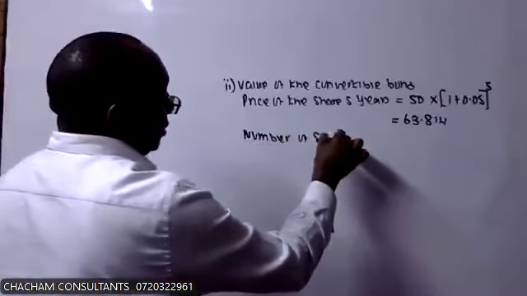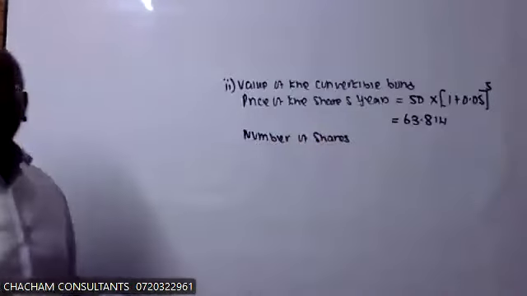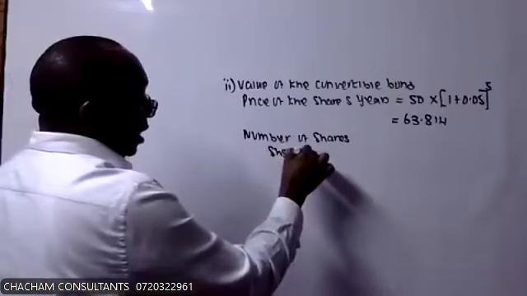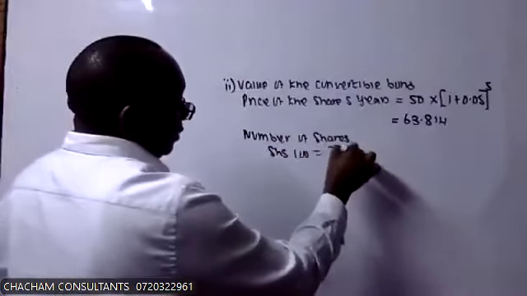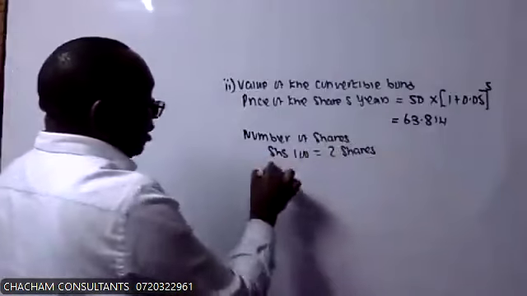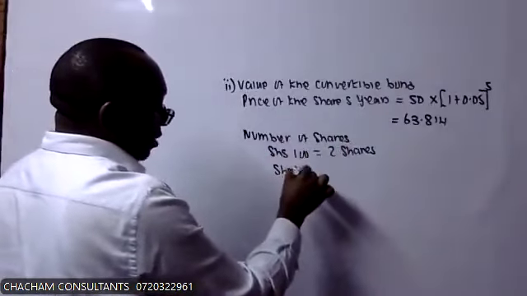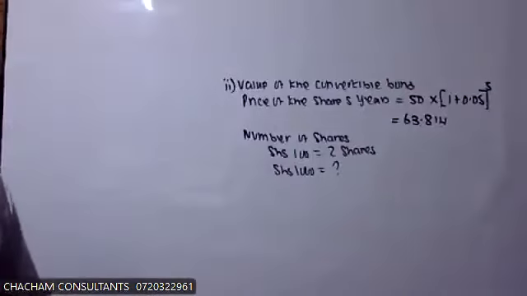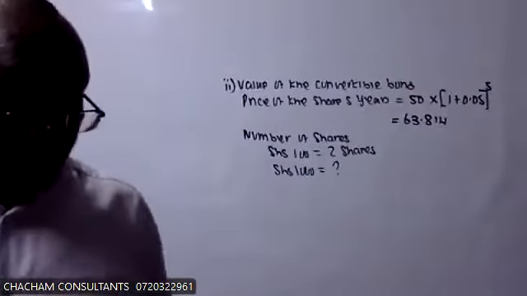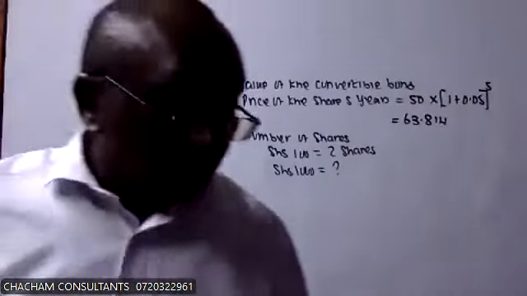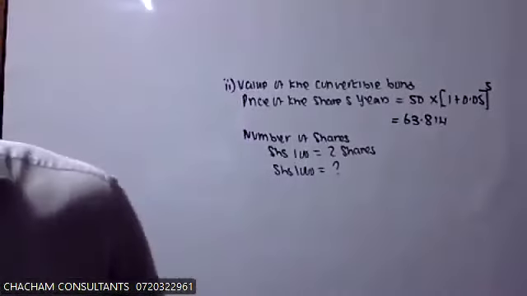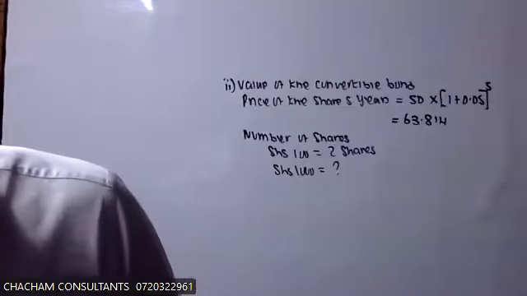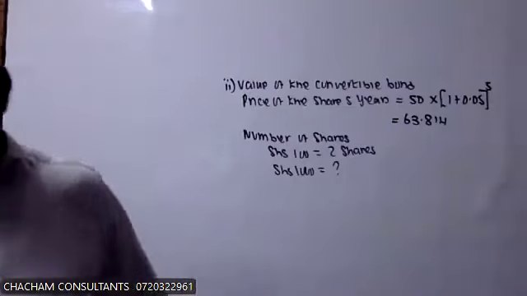So we need to know the number of shares. We are told shillings 100 will give us 2 shares. So now that the par value will be 1,000, how many shares are those?